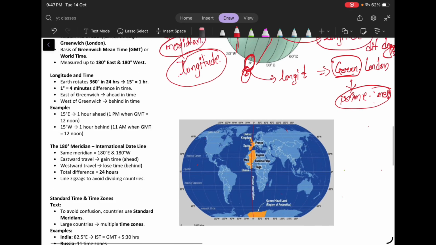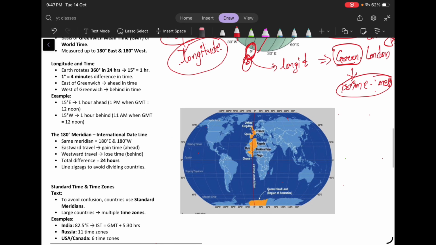For the sake of understanding, we have taken the two-dimensional picture of the earth here. So this is the prime meridian which is passing through the Greenwich area in London, that is 0 degrees. When we are traveling towards the east region, the longitude will obviously increase, right?